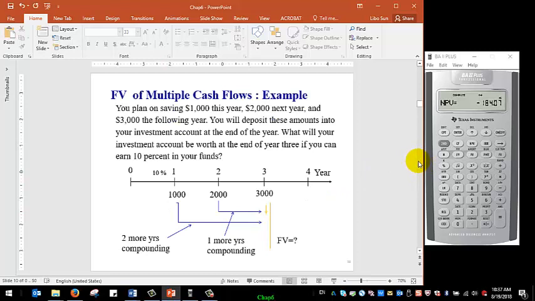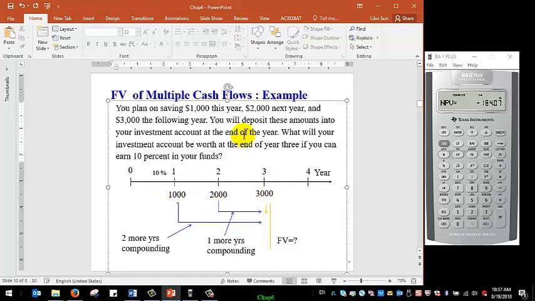For example, there are 3 deposits, 1,000, 2,000, and 3,000. We want to know if the account offers you 10%, how much total money you will have by the end of year 3. So let's first look at how many years compounding, how many years interest payment we are receiving.